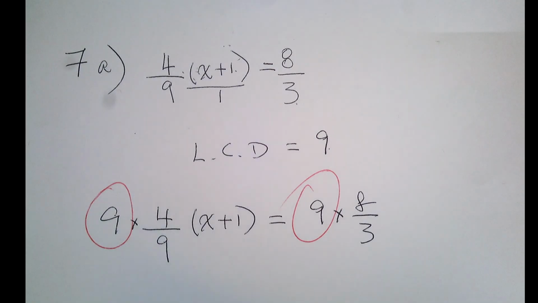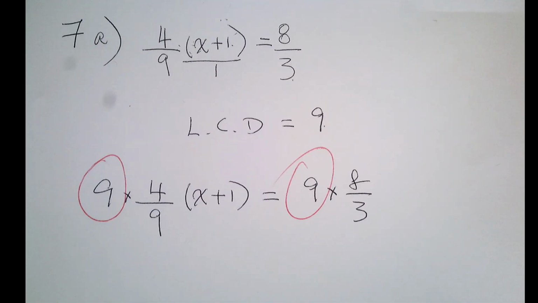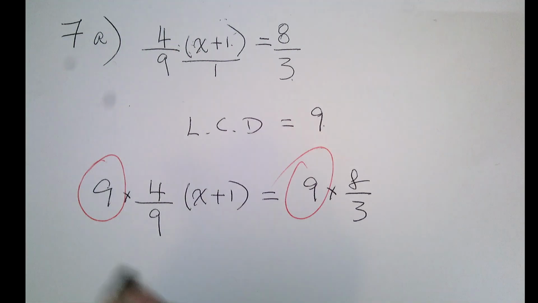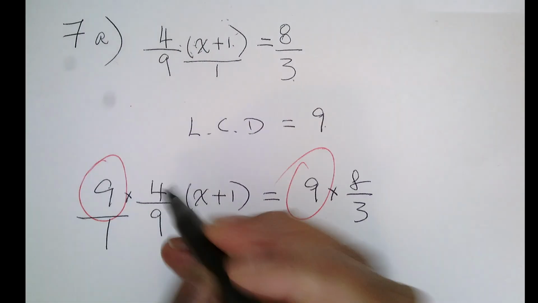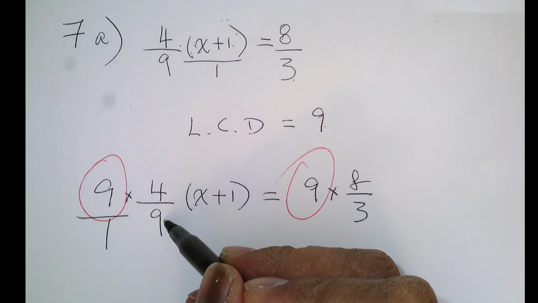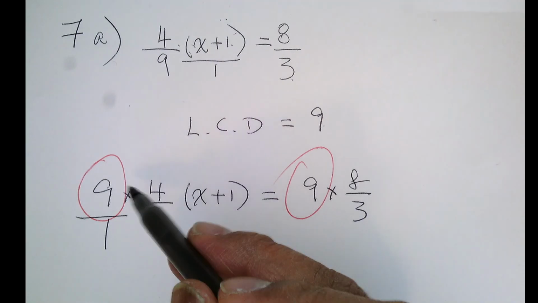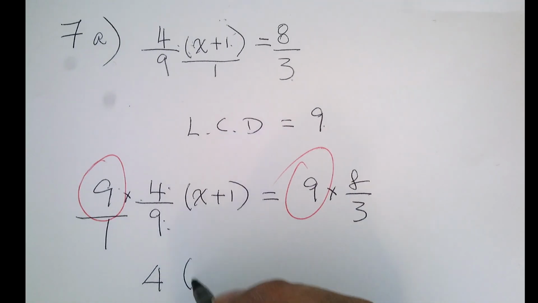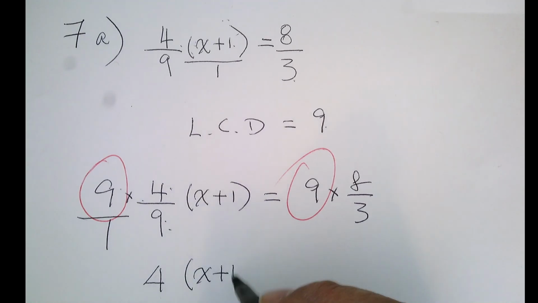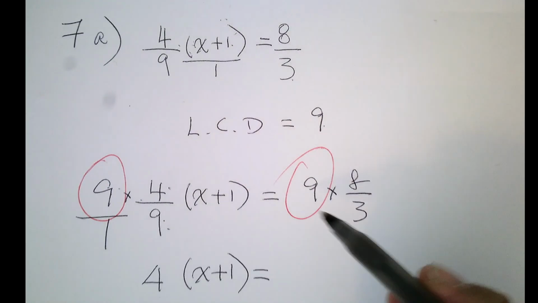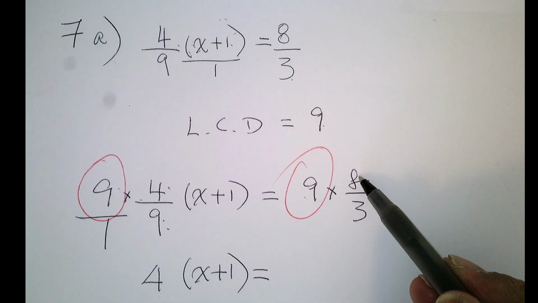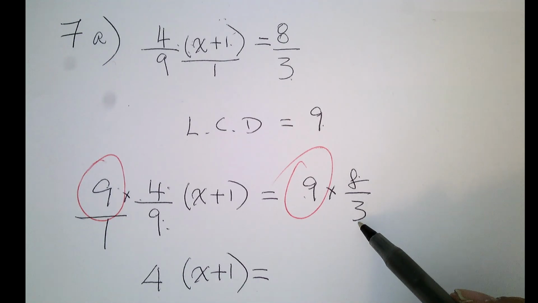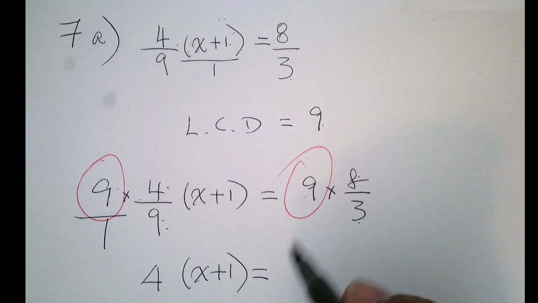That would make it easy for us to find the value of x. 9 and 9 cancel, one way of saying it, or 9 times 4 divided by 9 is 4. 9 times 8 divided by 3 is 24.